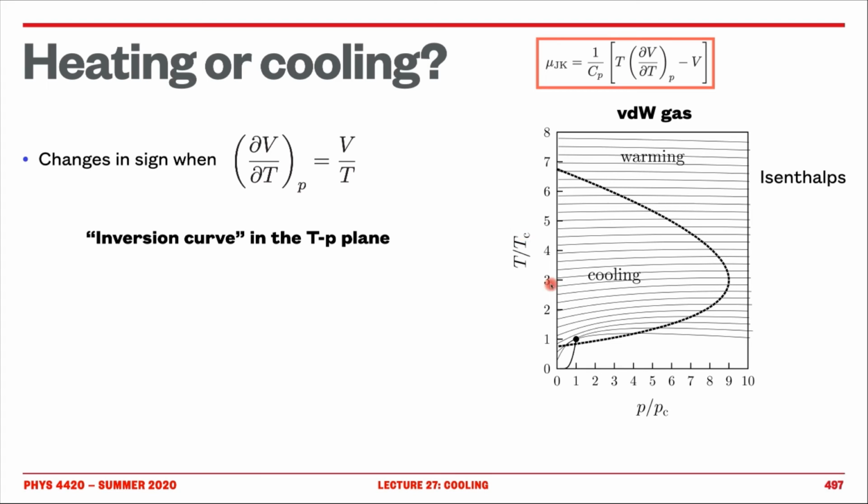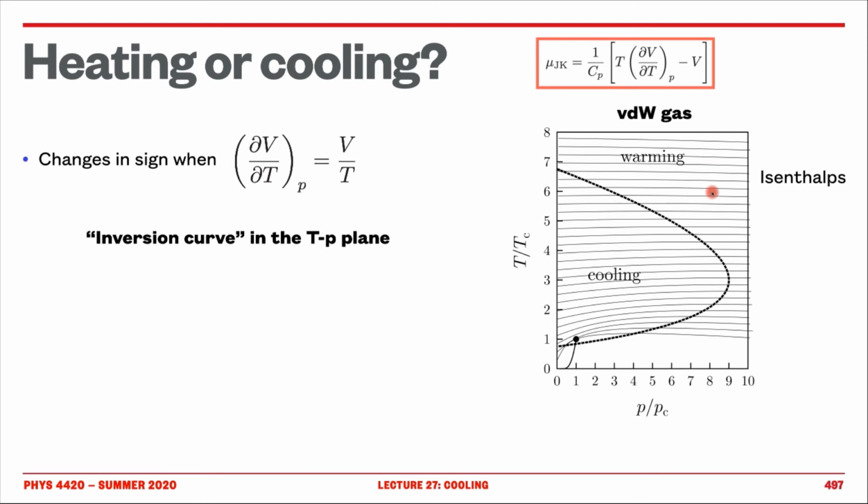We do that simply because we want to have universal features, as we discussed in the previous lecture. Each of those lines corresponds to a constant enthalpy, so isenthalps. Okay, let's try to explain all the features we see here.